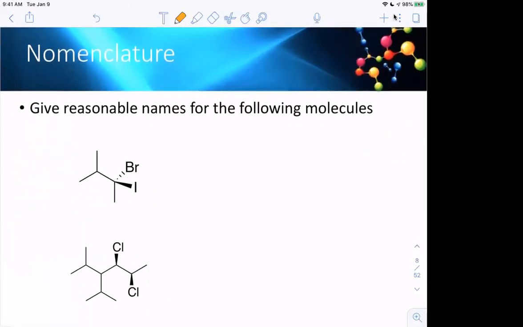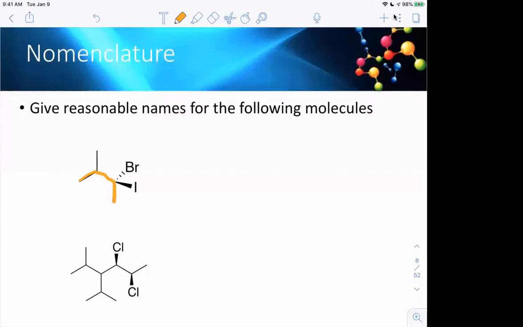So let's put this into practice. Give reasonable names for the following molecules. Okay, so what I have to look at is my longest continuously connected chain, which is this guy.